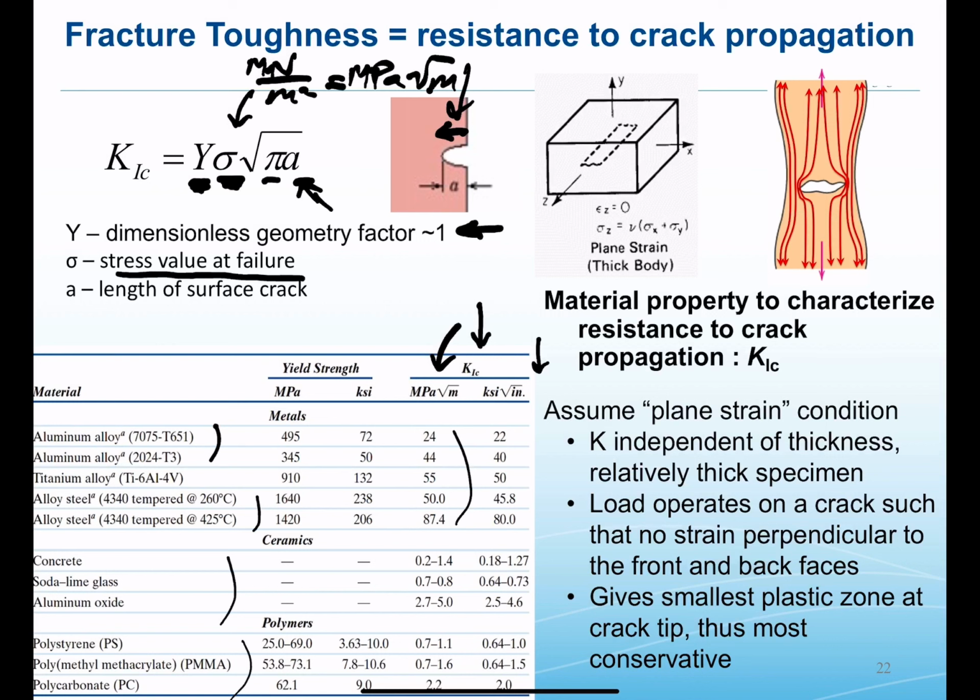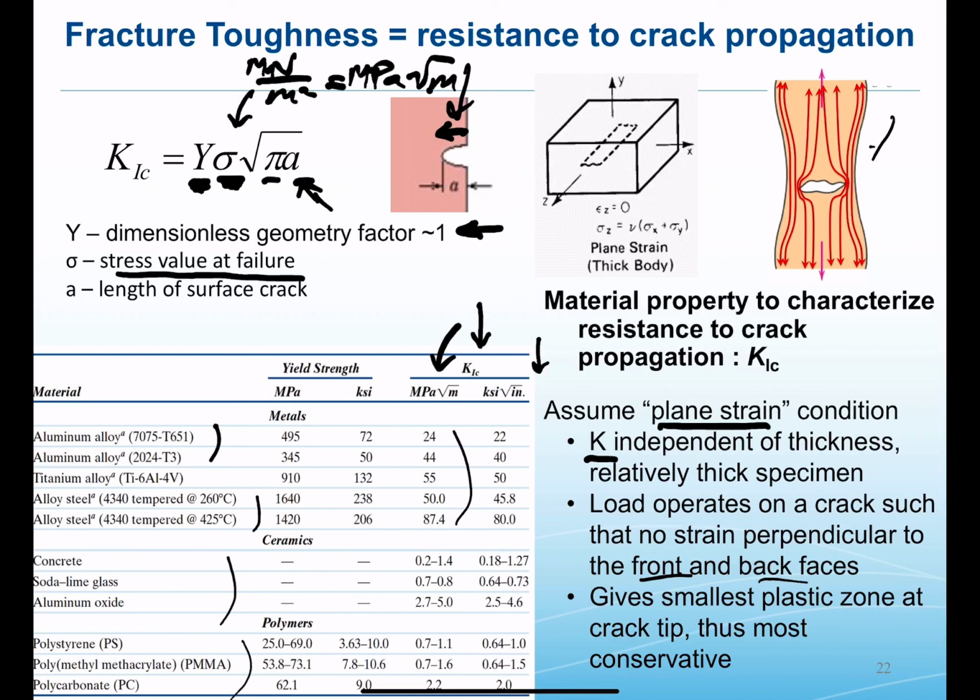Okay, this equation, by the way, has been developed under an assumption called the plane strain condition, which has a few details in it. It tells us that the K value is independent of thickness of the relatively thick specimen. So we touched on that earlier, that we're using this to represent very large specimens with small surface flaws and small cracks. The plane strain condition also applies with the condition that the load operates on a crack such that there's no strain perpendicular to the front and the back of the faces of the crack.